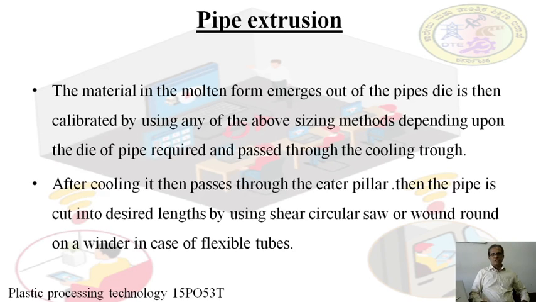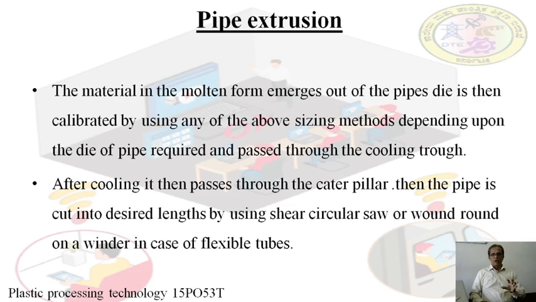How is the extrusion of the pipe done? The material in the form of molten melt, which emerges out from the pipe die, is calibrated by using any of the above sizing methods, depending upon the die of the pipe, of the required size, through which it is passed and passed to the cooling trough.